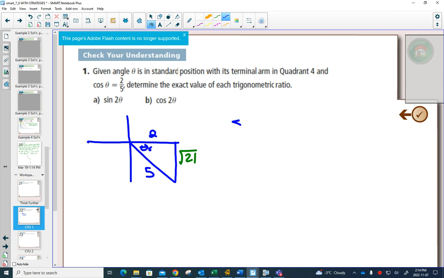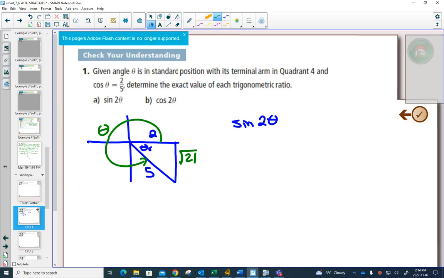And we want to find sine of 2 theta. This is theta, we visualize it. This is theta. 2 theta would be like double that. We don't even know where it is. However, we have a formula for sine of 2 theta.